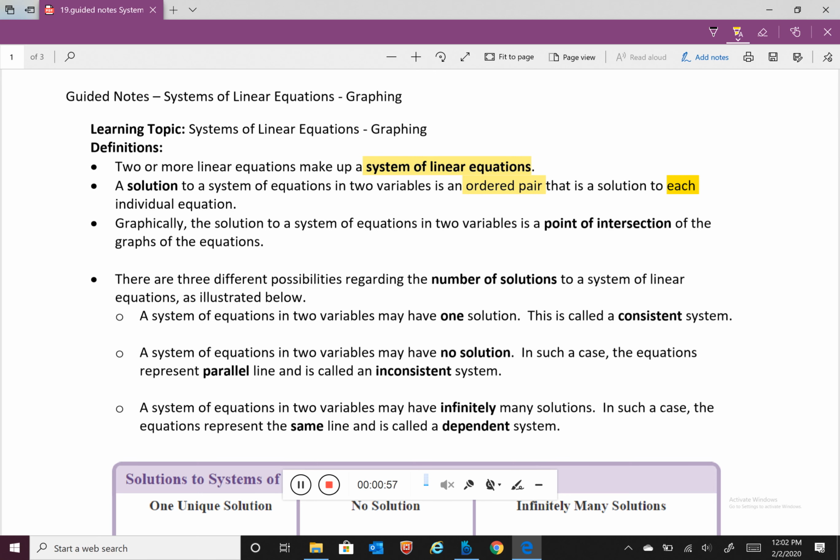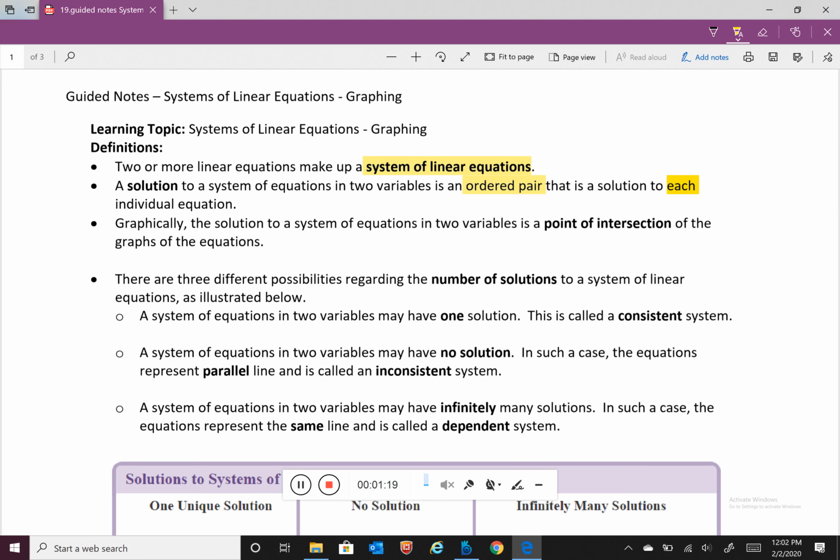Every line has infinite points. But for a system of equations in two variables to have a solution, that means one line has a solution, an ordered pair, and the other line has the same solution or ordered pair.